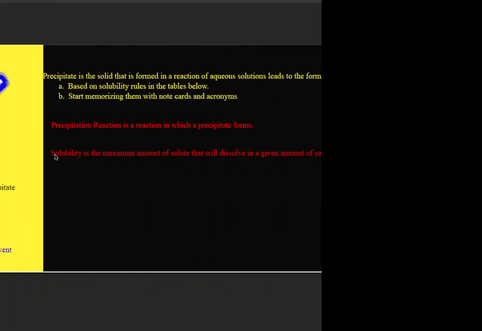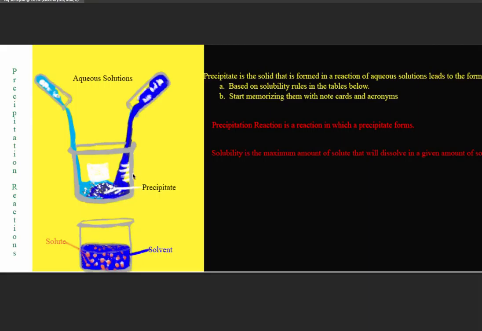Now, solubility is kind of what happens when we're just looking at the interaction of the solute and the solvent. So think of your iced tea. You're pouring sugar into your iced tea, and at first when you're stirring it, you don't see the sugar at all because it's dissolving into the solution.